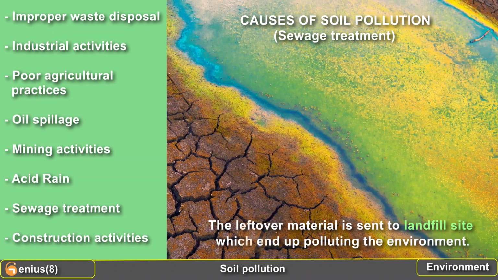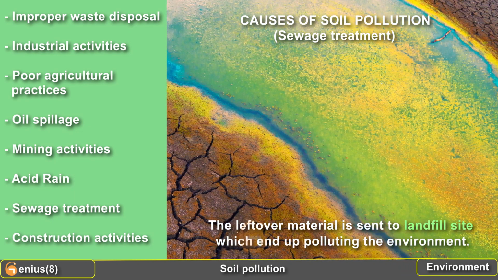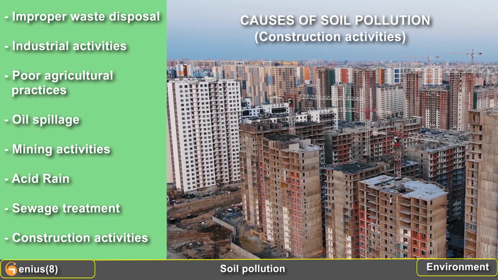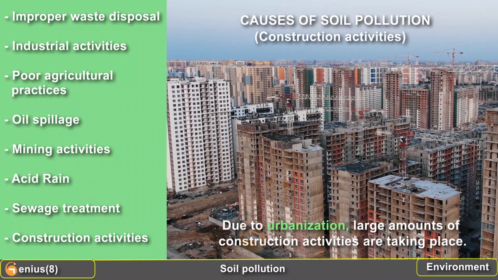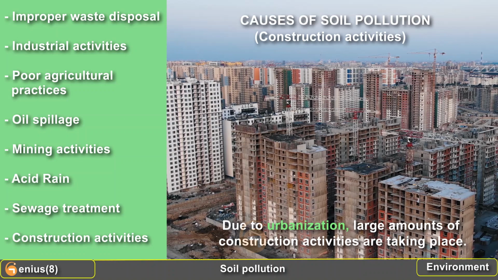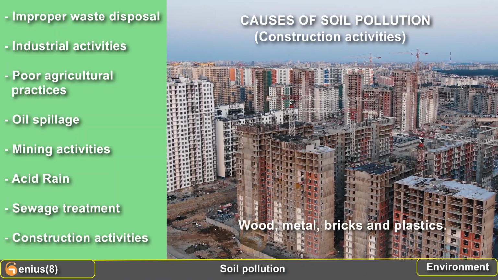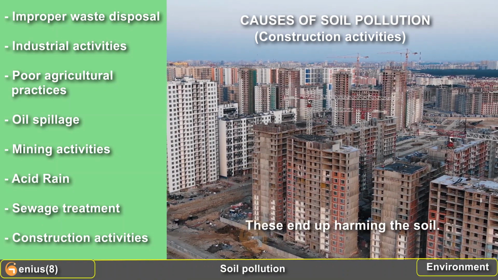The leftover material is sent to landfill site which end up polluting the environment. Construction activities. Due to urbanization, large amounts of construction activities are taking place. This has resulted in large waste materials like wood, metal, bricks and plastics. These end up harming the soil.